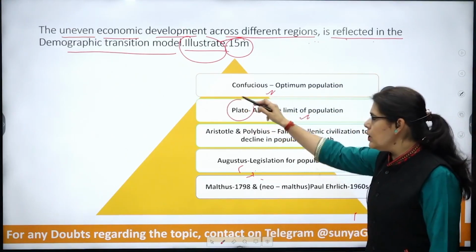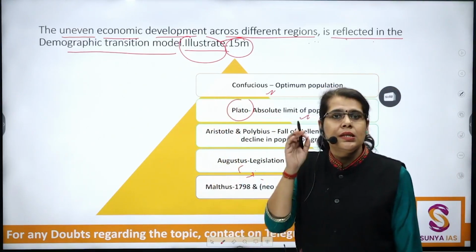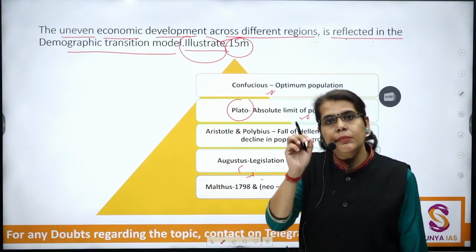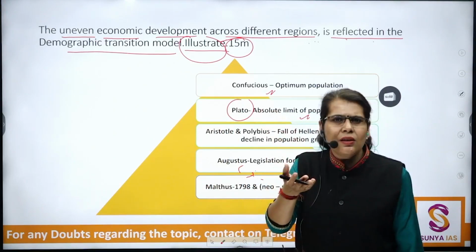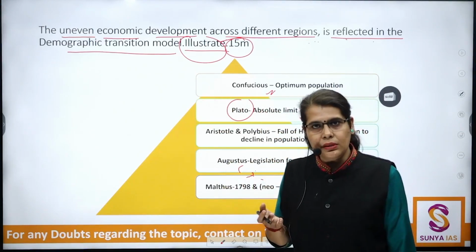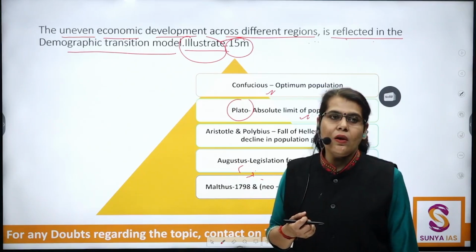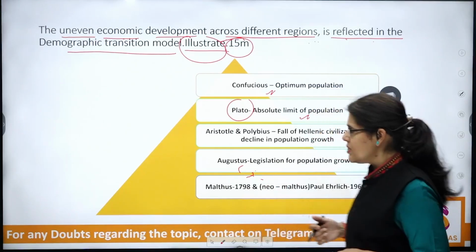Then Plato talks about the absolute limit of population. There is a need for a limit to population growth, which will otherwise have repercussions, for example on the consumption of resources, the ecological limits.